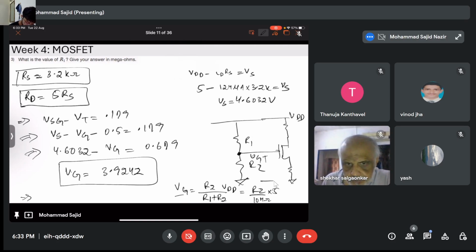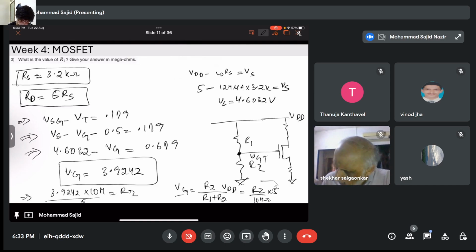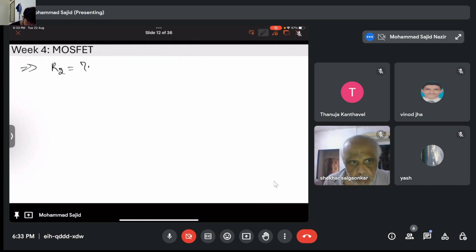That means Vg 3.9242 multiplied by 10 mega divided by 5 will give you R2, right? So basically, my R2 will be 3.9242 multiplied by 10 divided by 5, which is 7.848 mega ohm.